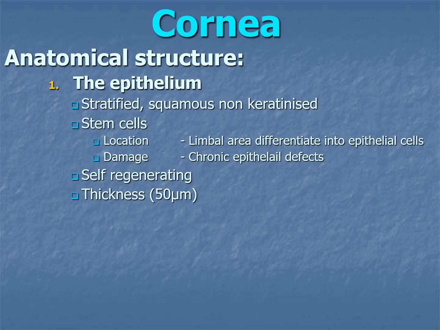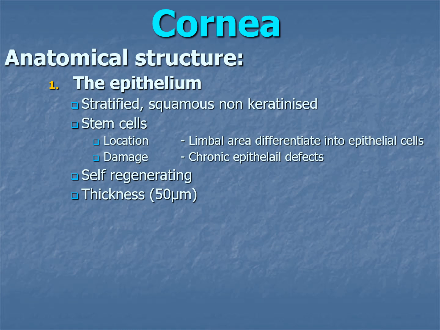The basal cells are columnar cells. The stem cells are located principally at the superior and inferior limbus, and they differentiate into epithelial cells. So if the stem cells are damaged, chronic epithelial defects occur.